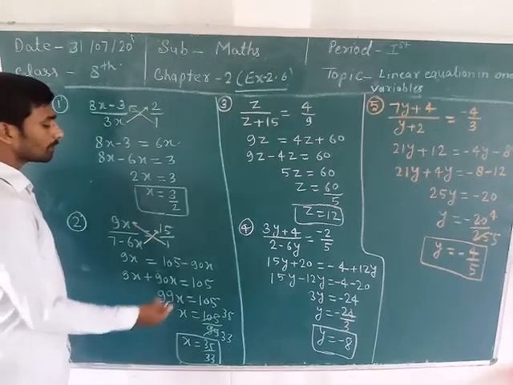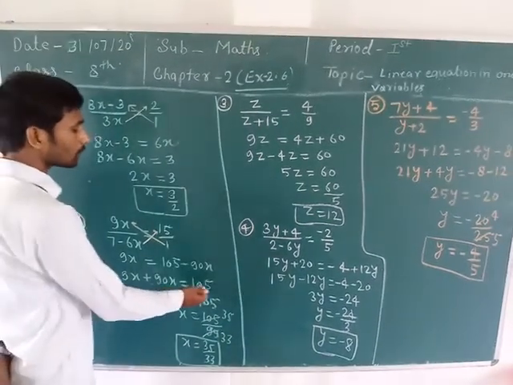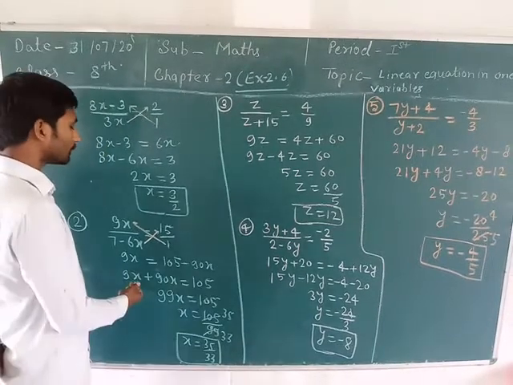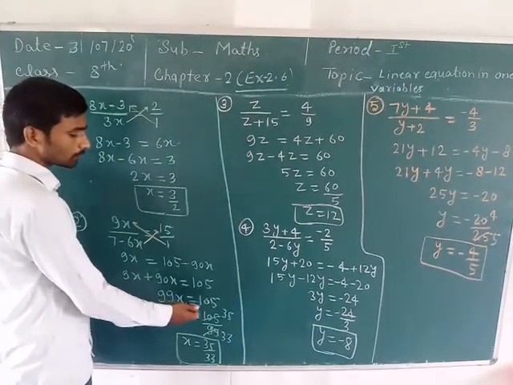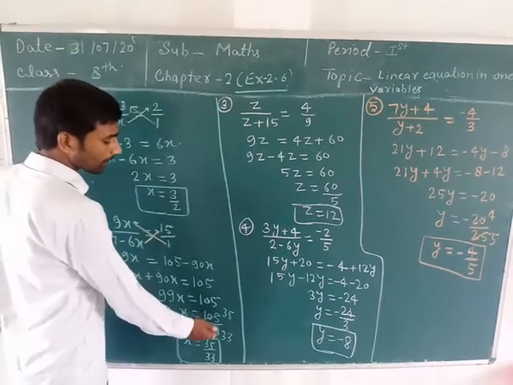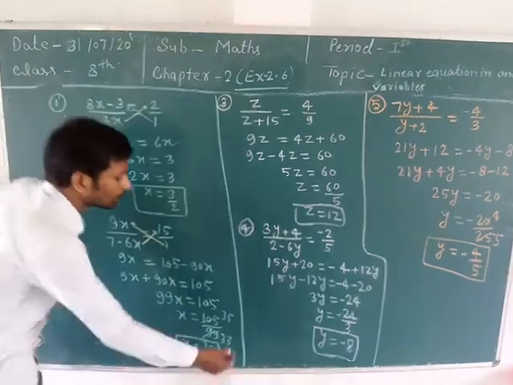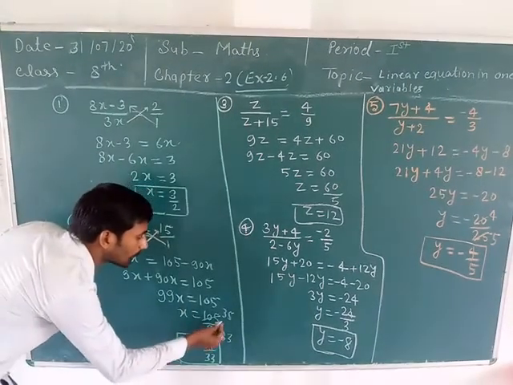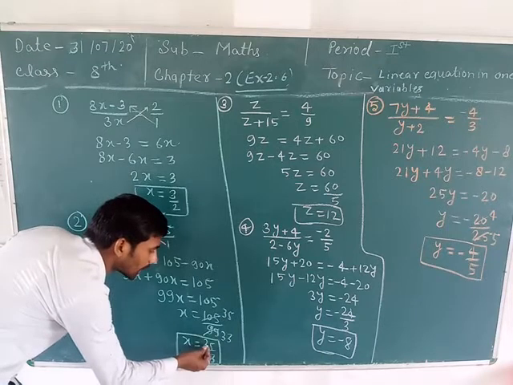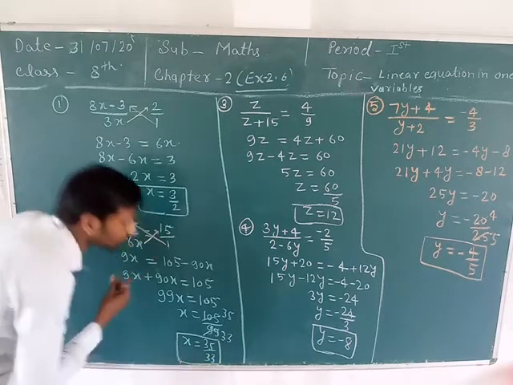Then by the transferring rule, 9x plus 90x equal to 105. Then 99x equal to 105. Now x equal to 105 upon 99. When we reduce it to lowest form, we get x equal to 35 upon 33. This is the answer of your second question.